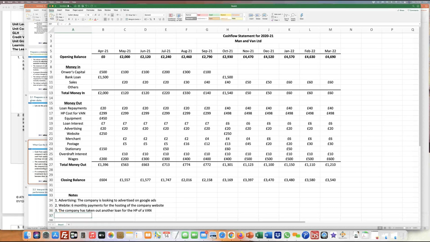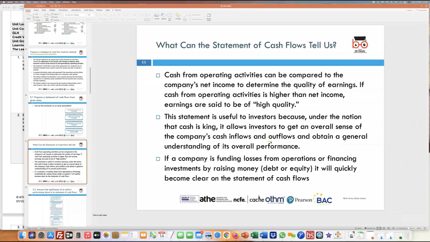And these would explain the key points of how the expenses and the money inflow and outflow are happening on the statement. So is that okay? Is that understood? Yes. Yes, good.